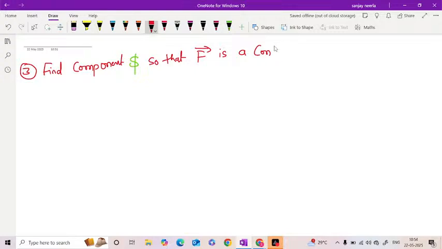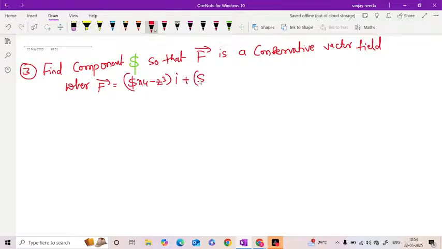So conservative vector field. So this is the first question, and here our vector F is x y minus z cube i plus minus 2 x square j plus 1 minus 3 z square k.